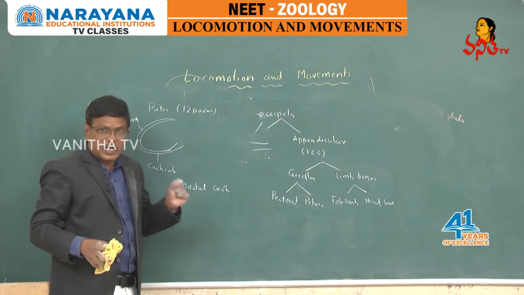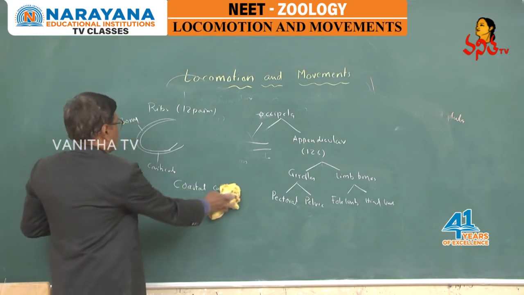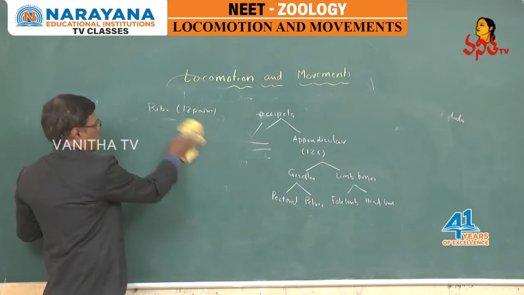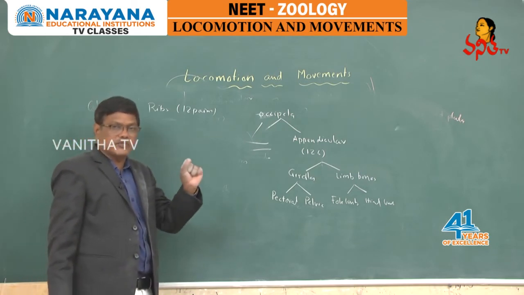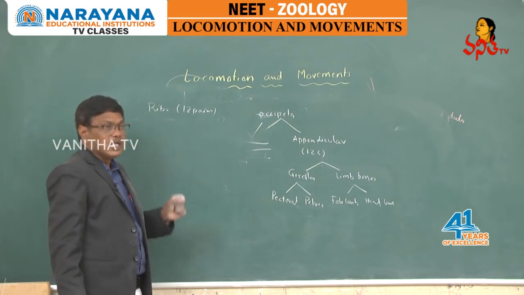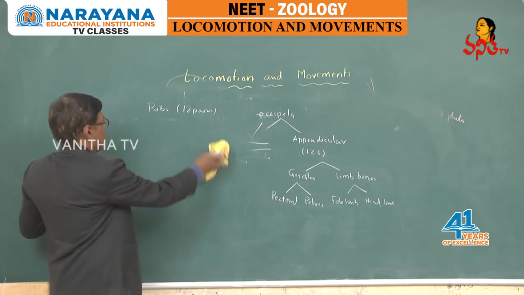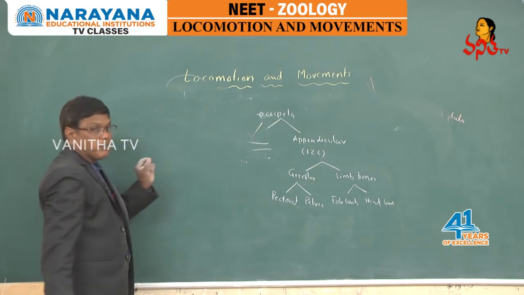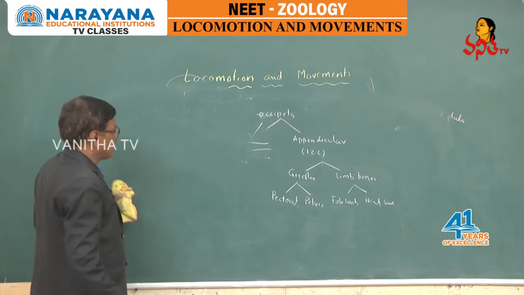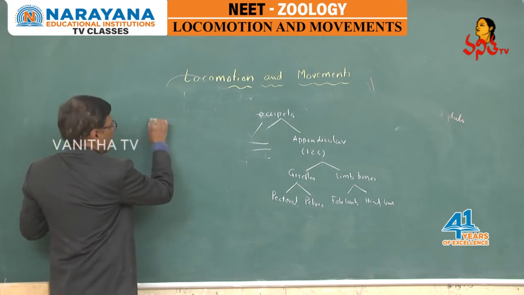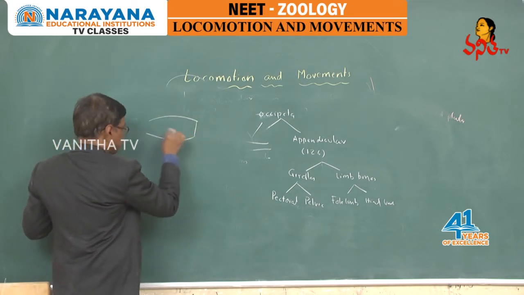On the dorsal side, all 12 pairs of ribs articulate with the vertebral column. In mammals, in human beings, the ribs are bicephalic. What is the meaning of bicephalic?